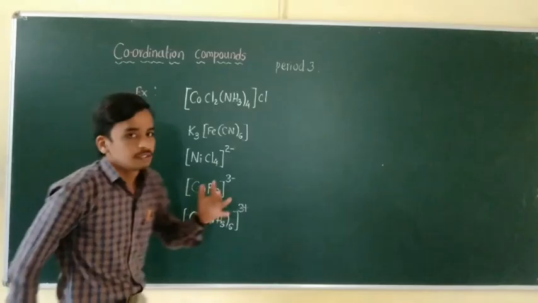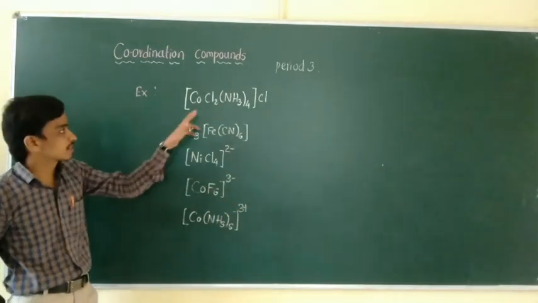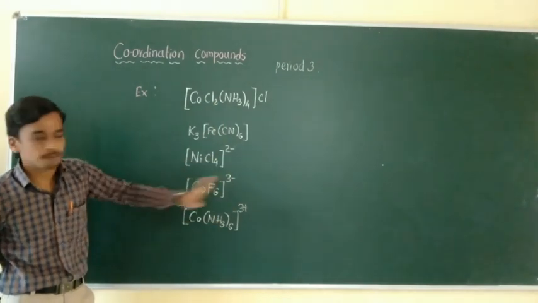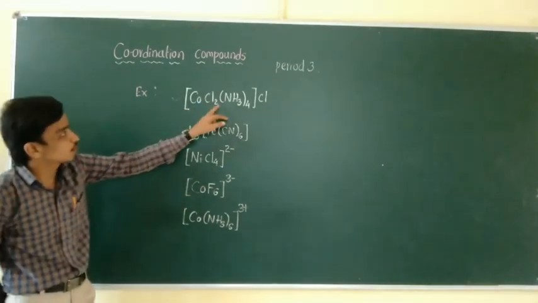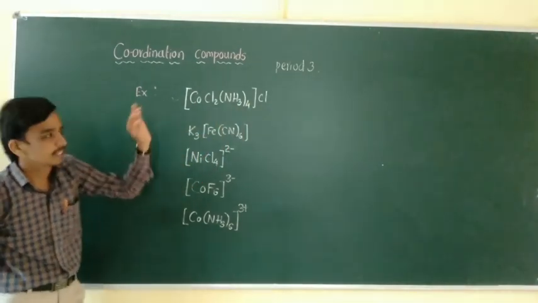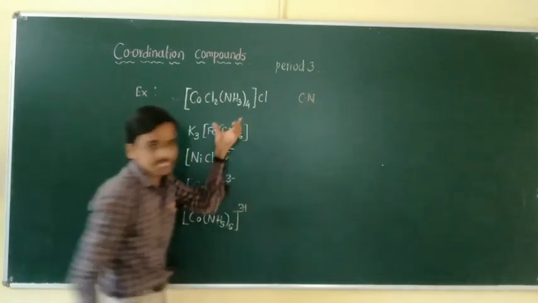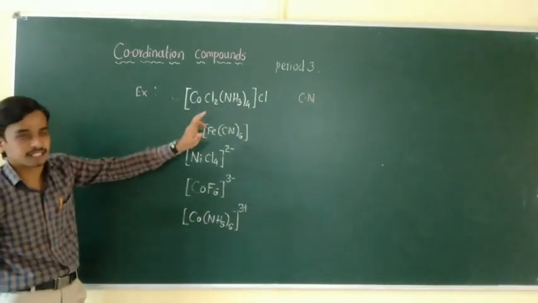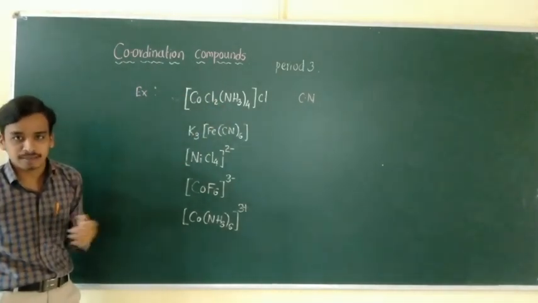Similarly, you can find the coordination number for different examples. Let us study them one by one. First, consider the complex [CoCl2(NH3)4], with another chlorine outside the bracket. How do we identify the coordination number? Within the square bracket, the number of ligands present is the coordination number. First identify the central metal atom.